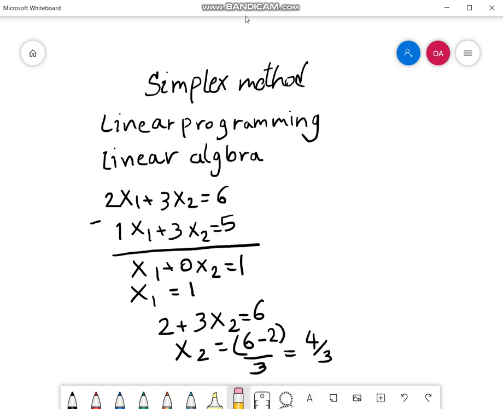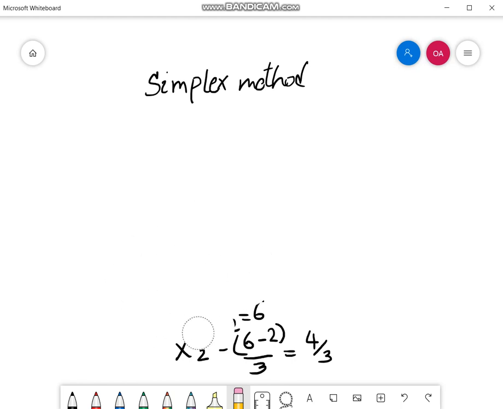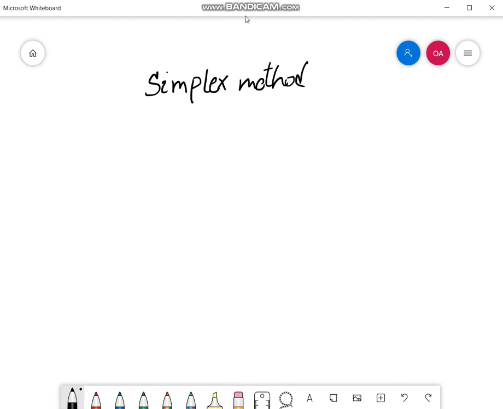But the difference in the simplex method is that we have an objective function, which is basically your target, and we have constraints. When we have any kind of equation, the left hand side should always have the variable.